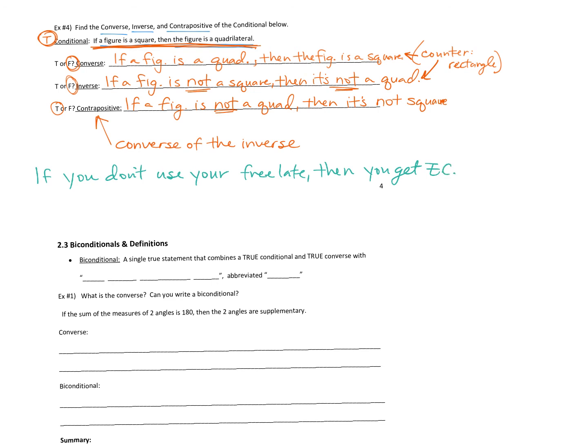Which is technically not fully true, but we're going to pretend it's true. We're going to pretend you turned every assignment in. If you don't use your free late, then you get extra credit. True statement. What would the converse of that be?